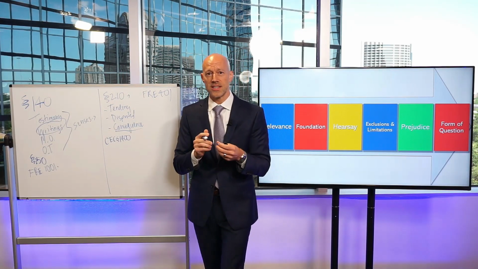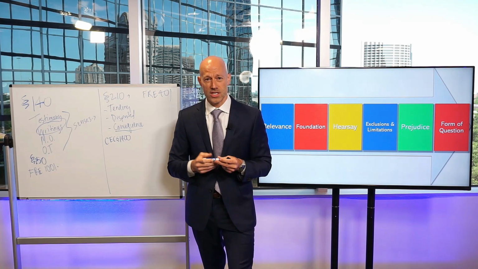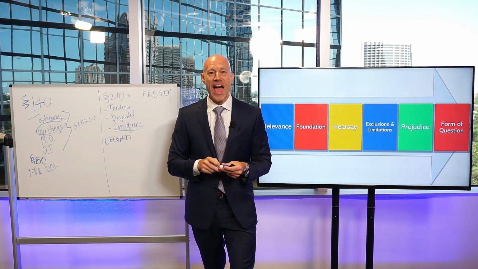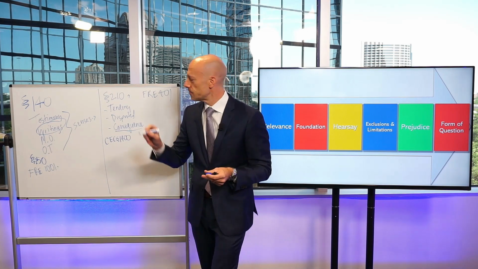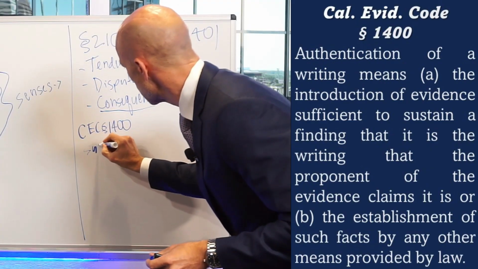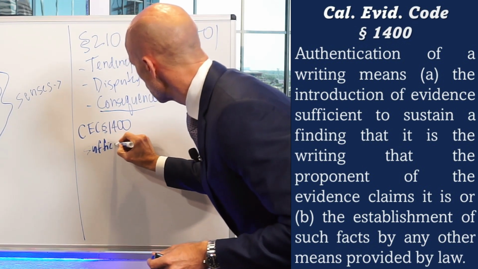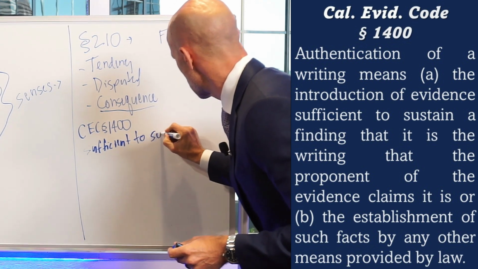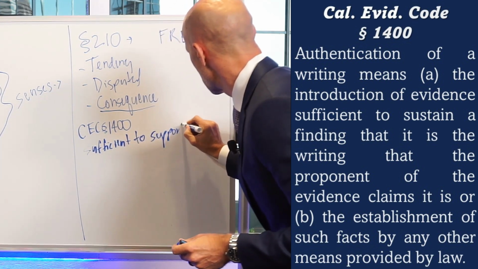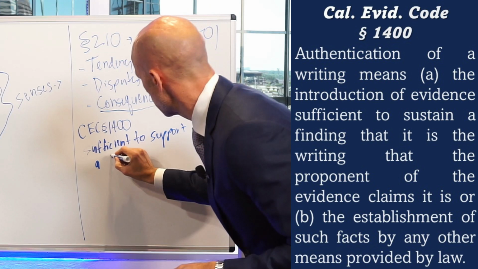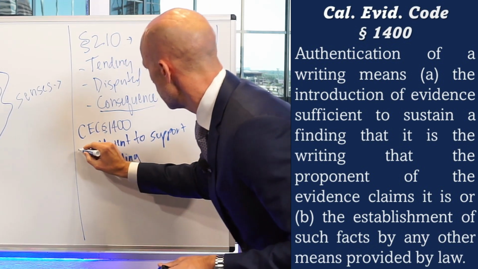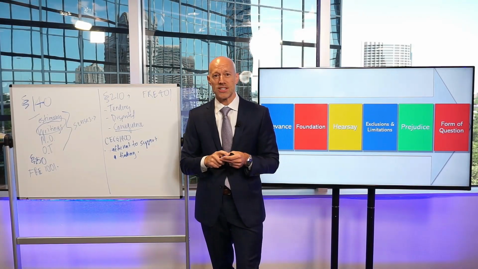And what it says is the proponent of the evidence, the proponent of the writing, the person that wants to authenticate the writing, has to introduce evidence sufficient to support a finding that the evidence is what the proponent claims it to be.